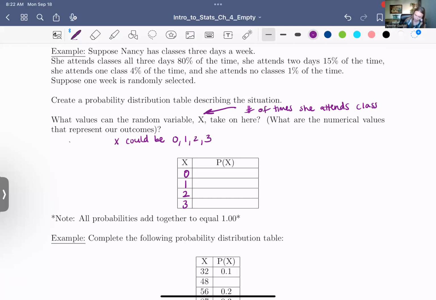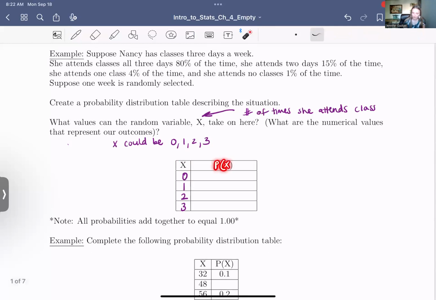This is also a new notation I'm going to show you. You don't have to write it this way every time, but here you see this is the random variable x, and this is the probability of x occurring. So if we say the probability that x is 0, see how inside the parentheses I'm saying x is equal to 0. This means the probability of it being exactly 0.